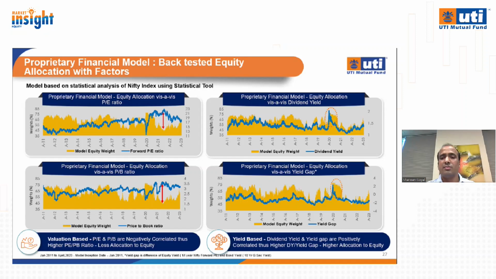Whenever the earnings yield is much more attractive in that time framework, the model is suggesting higher equity weight. For example, during the COVID wave, when the market corrected about 35% and was trading at a deep discount compared to historical averages, the model signaled an increase in equity allocation to about 75%.